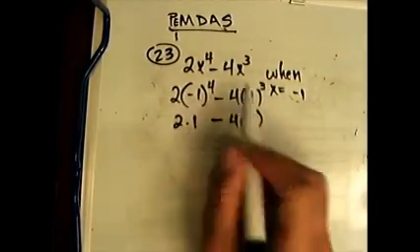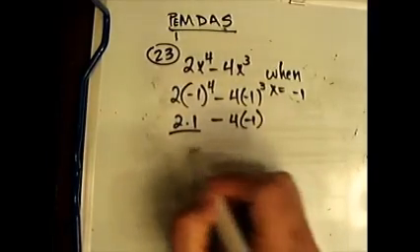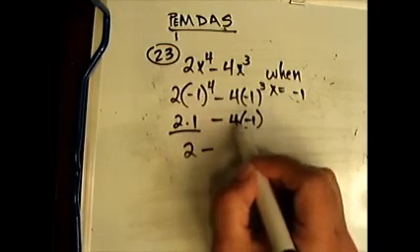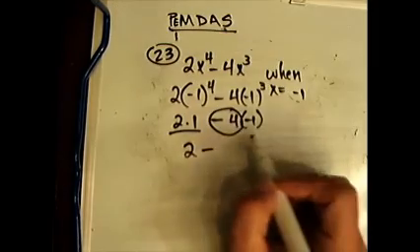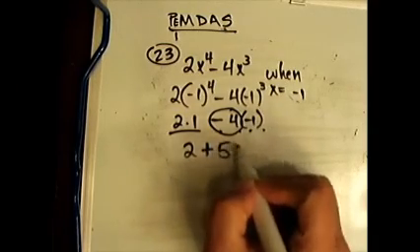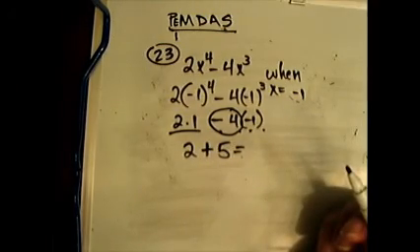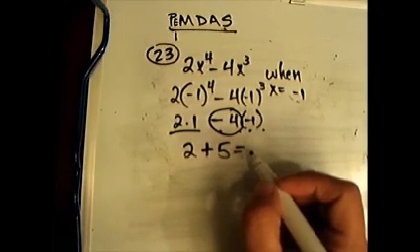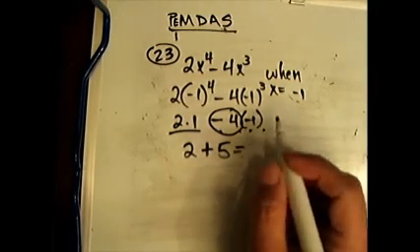Alright, so let's do the multiplication. 2 times 1 is 2, and then we have a negative 4. Remember, this negative sticks with this 4, so you have a negative 4 times negative 1, which is a positive 5. So your answer is seven.